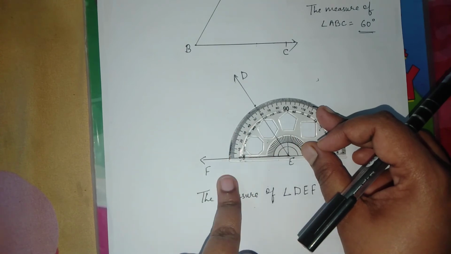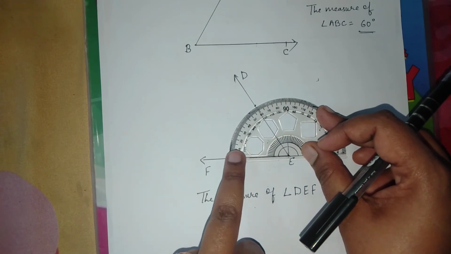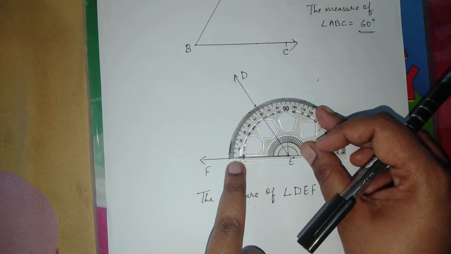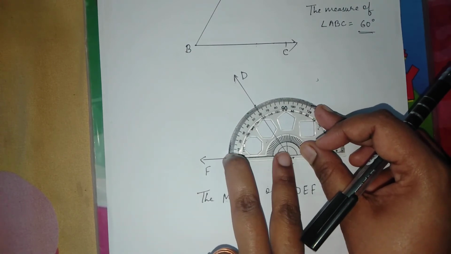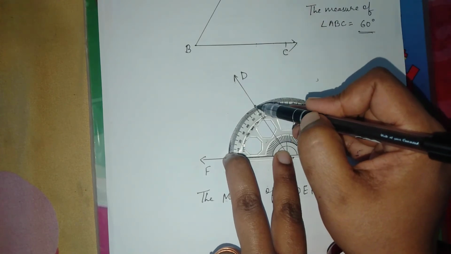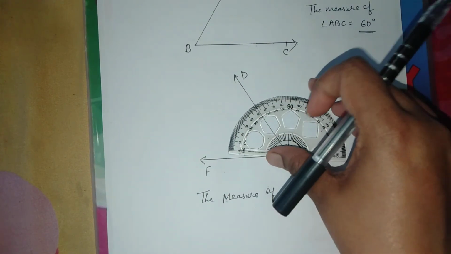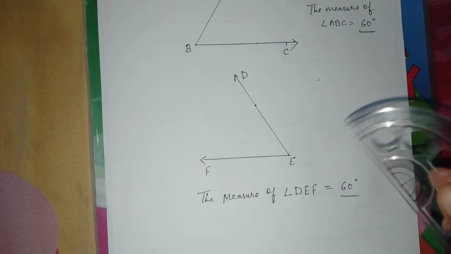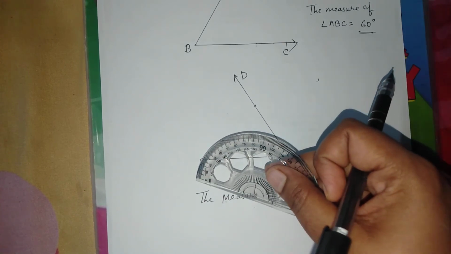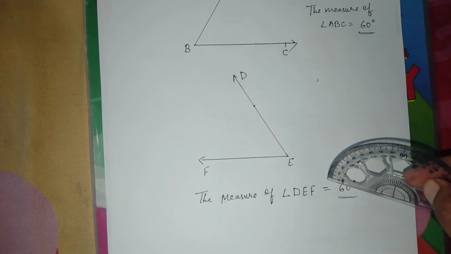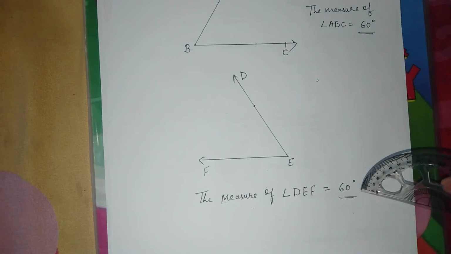So we will follow the outer scale. It means this one. So it is 60 degrees. What is the measure of this angle? 60 degrees. So the measure of angle DEF or FED is equal to 60 degrees.